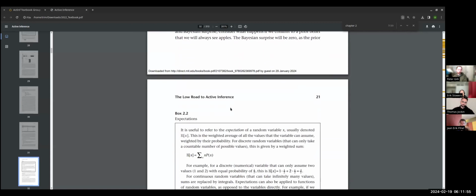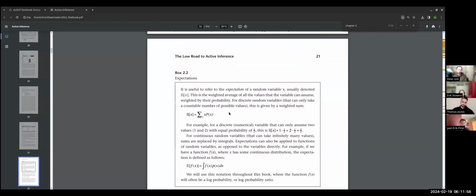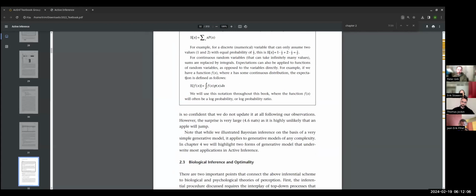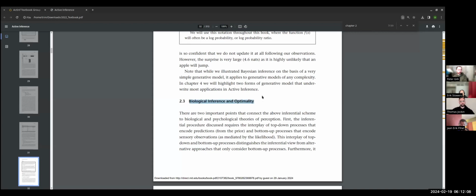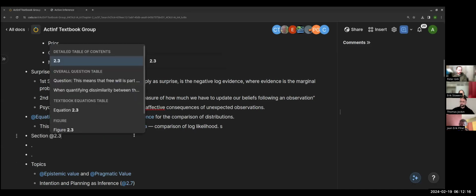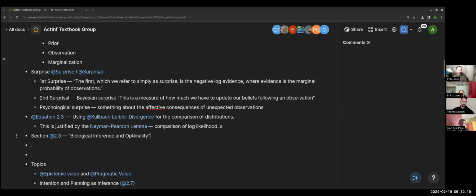And then, okay, here we come to an interesting discussion about the difference between biological inference and optimality. In the active inference literature, optimality is defined in two distinct ways. Here in this book, optimality is used as a cost function that needs to be optimized or minimized.